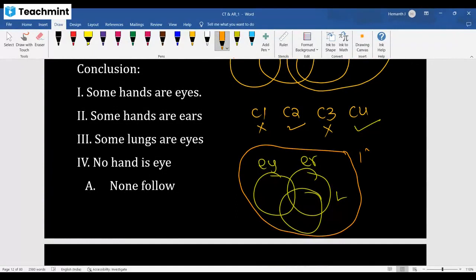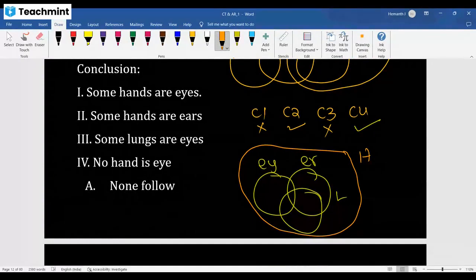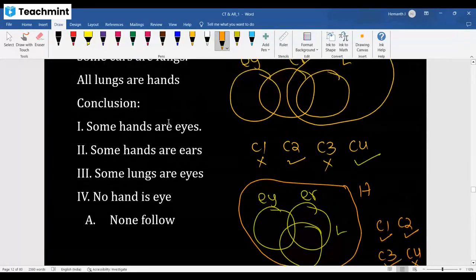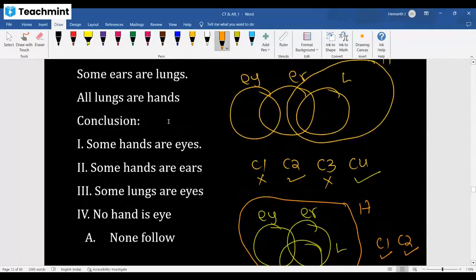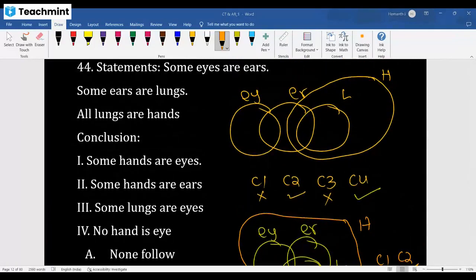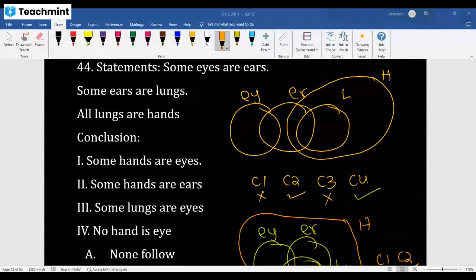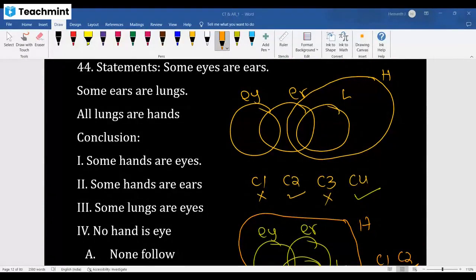Now what will happen? First conclusion, some hands are eyes, correct. Second conclusion, some hands are ears, correct. Some lungs are eyes, correct. No hand is eye is wrong. Now see, a conclusion means what is true in all diagrams. Now you have the situation where 2 diagrams are required, and we need what is true in all diagrams.